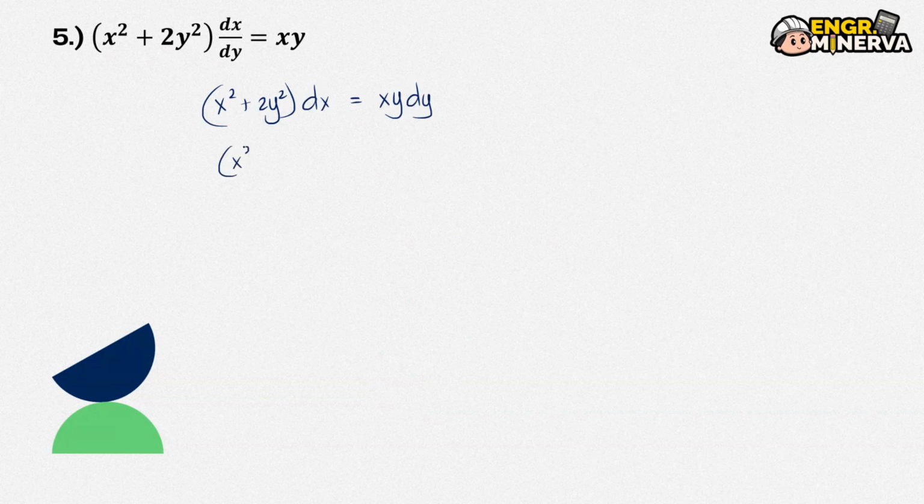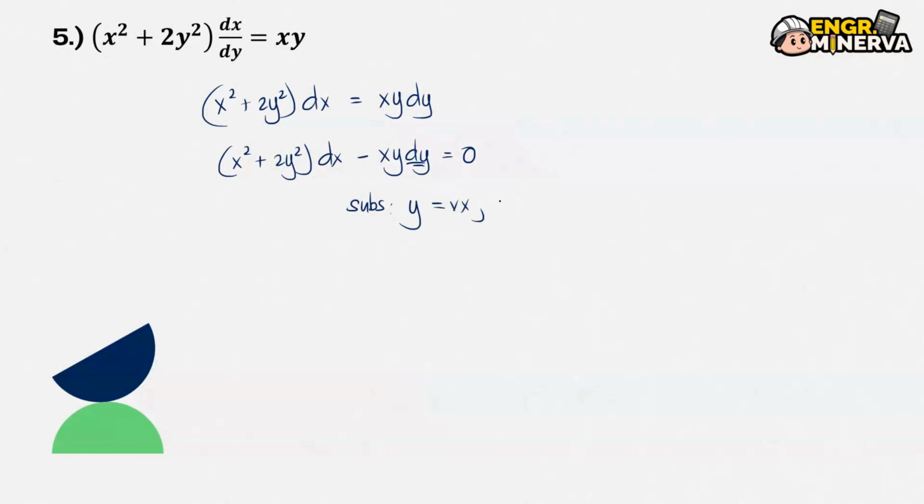Then we transpose the differential of y to the other side. That would be minus xy dy equals 0. We check which of the following is least complex. So again, this would be dy. So it means we substitute y equals vx and dy equals v dx plus x dv.